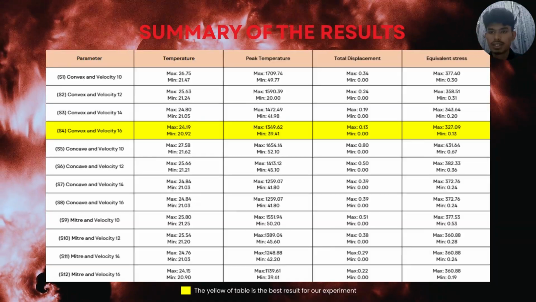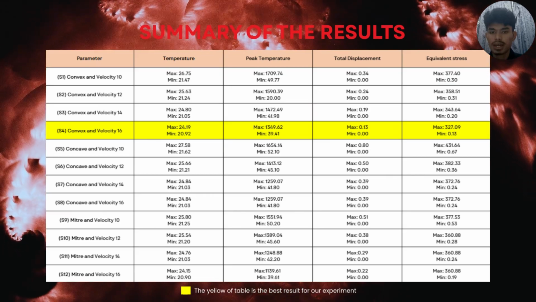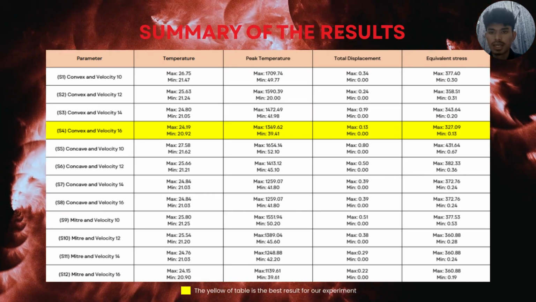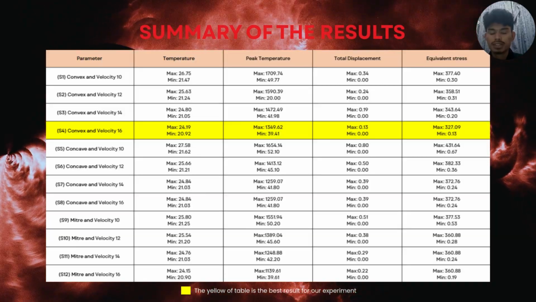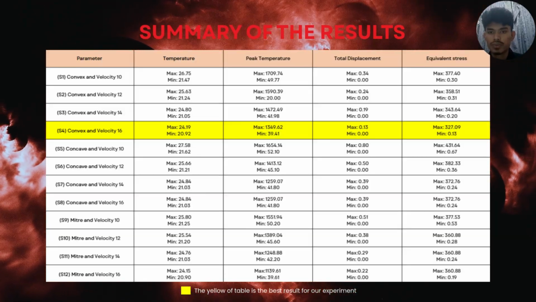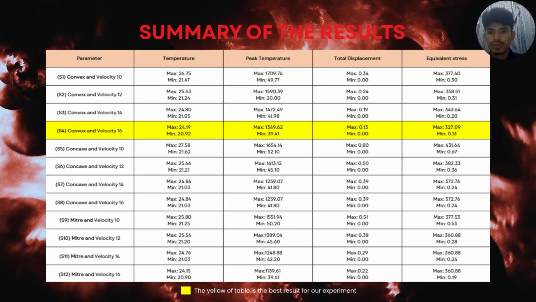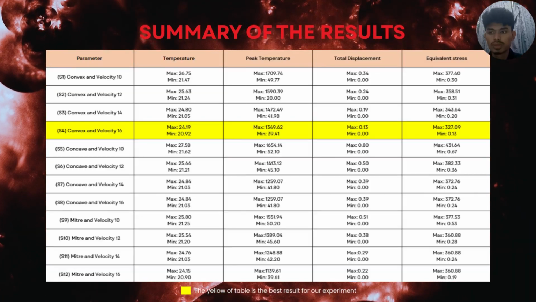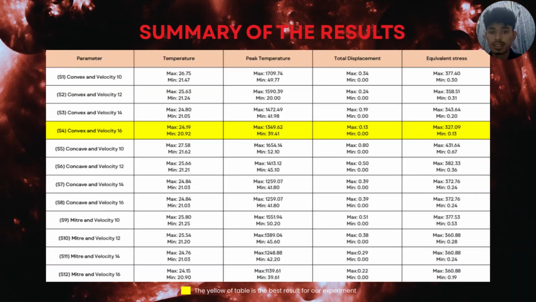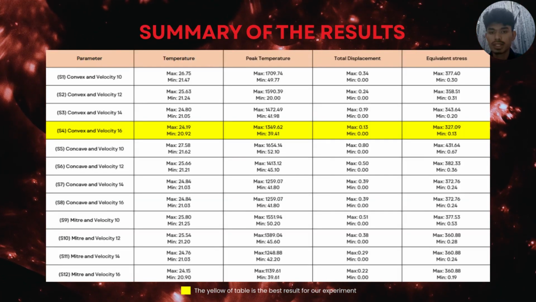The total displacement is quite a big difference, and the others are only 13. The equivalent stress is also different. We got 327.09, so there's a big difference from the others in the result that we get.